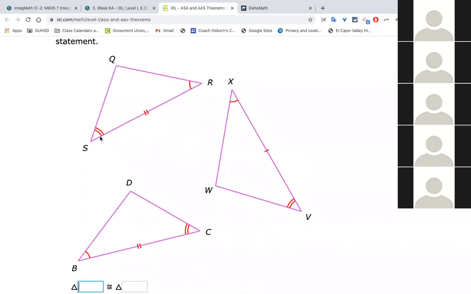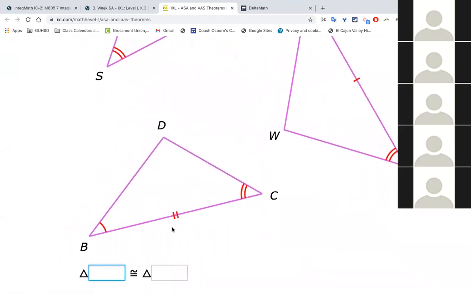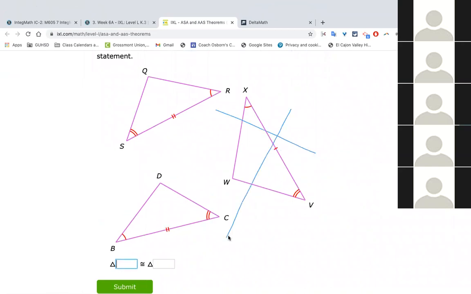What I see is an angle with two lines and another angle with one line, and then two marks. I got two marks here, but this one has one mark. So that doesn't match because that's not the same. They both should have two marks. But if I go down to this triangle, that does have two marks. So this one over here is not a match. That one doesn't work for this one.